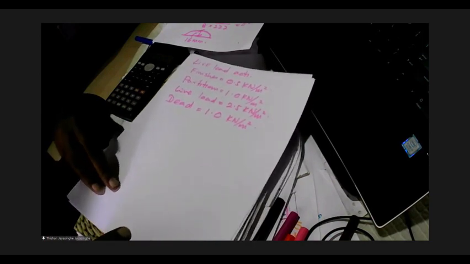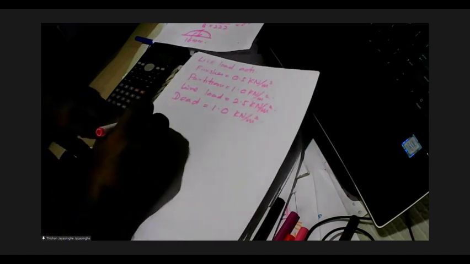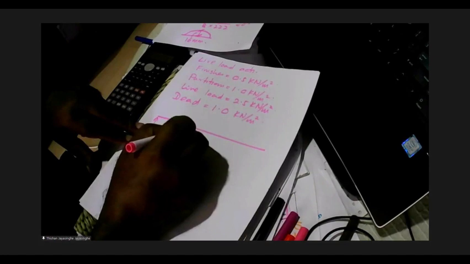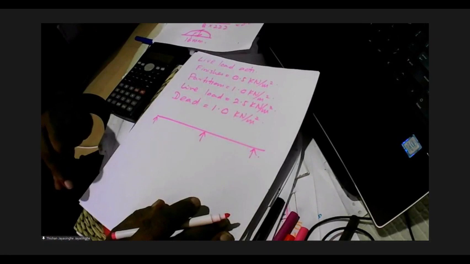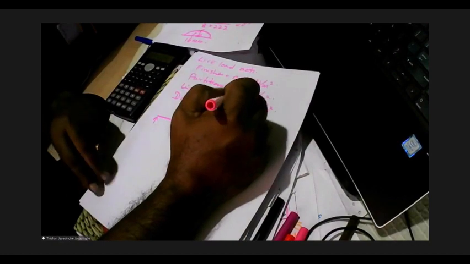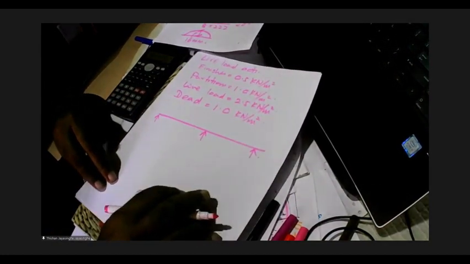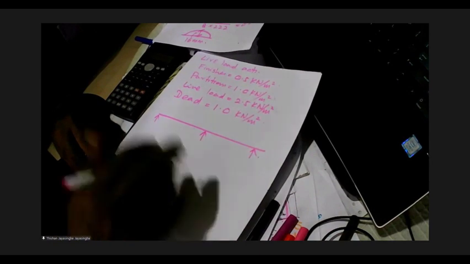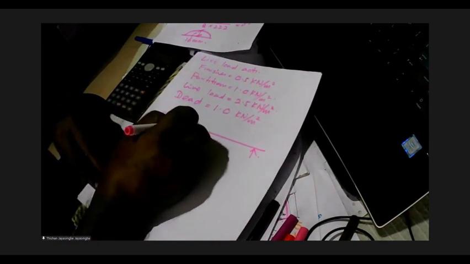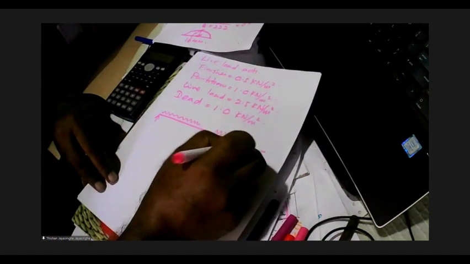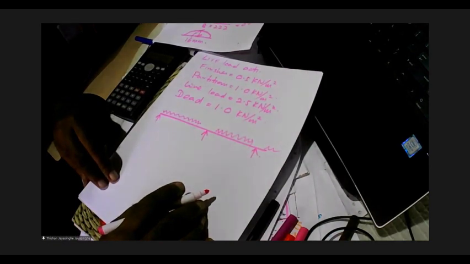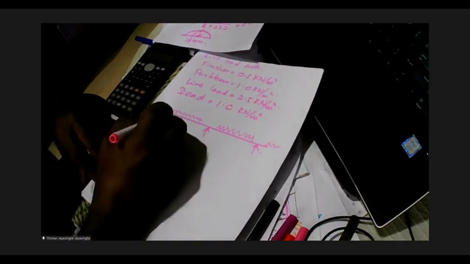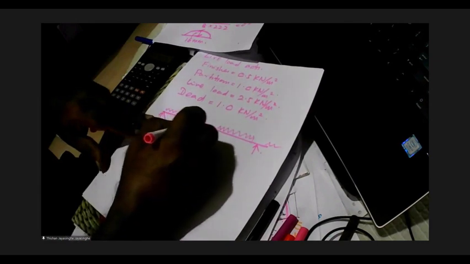So what we do is, now we'll apply these loads and see what type of bending moments we get. So here we apply about 6 kilonewtons per meter squared to this area, and we can get a bending moment diagram.